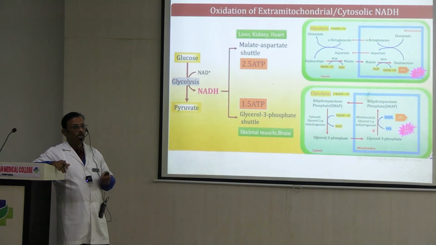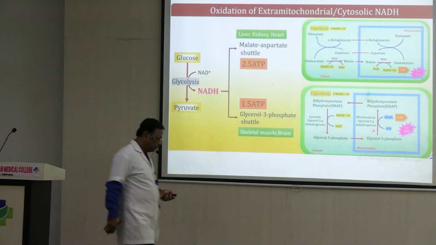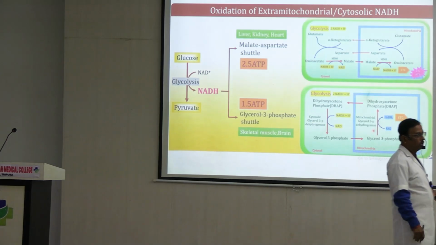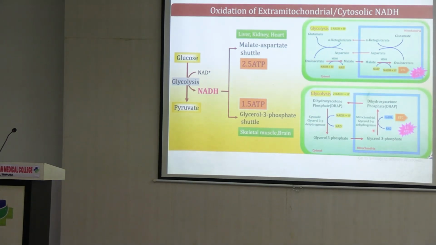Creatine phosphate is a high energy compound. It can cross the mitochondrial membrane, so it comes out into the cytosol, and it is carried to the site of use like muscle. Especially muscle needs creatine phosphate at the time of vigorous or maximum muscle contraction.